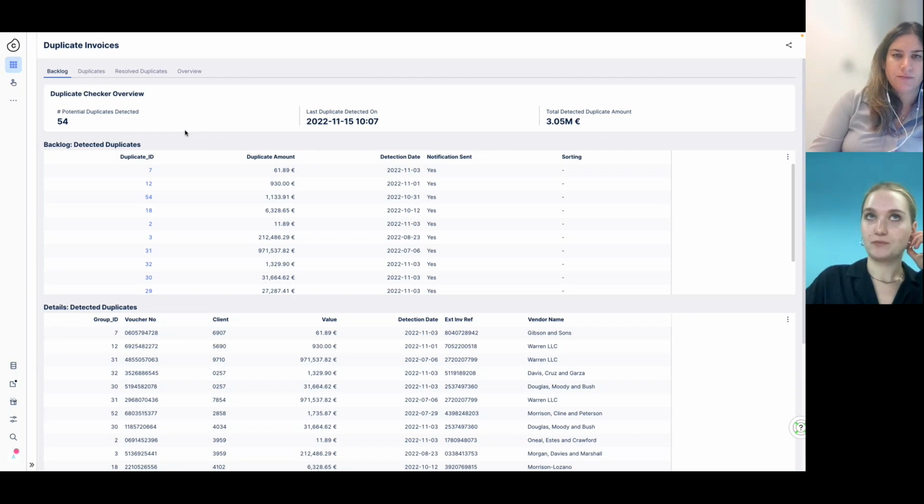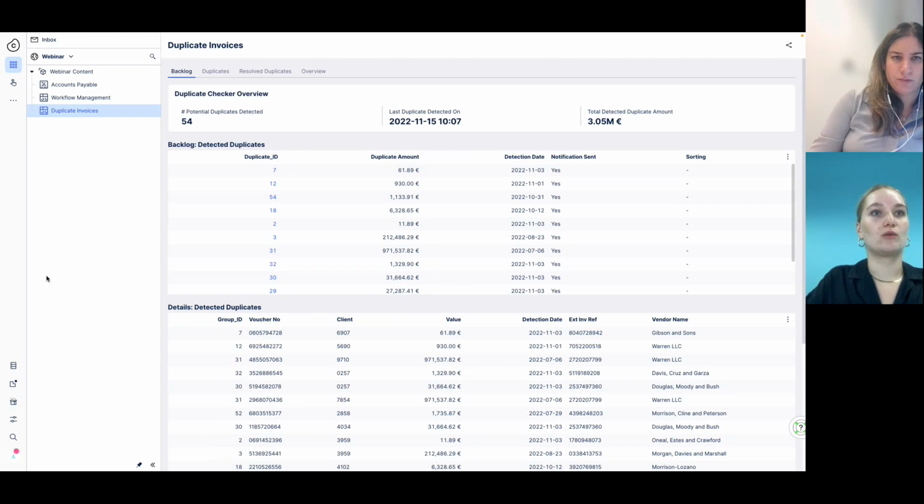As an example here at Van Oord, we detected 54 potential duplicates. The last one was detected 2 days ago, and overall the total duplicate amount is above 3 million euros.